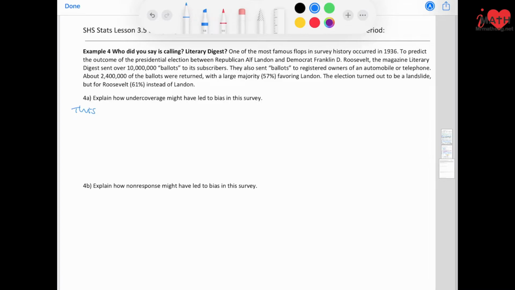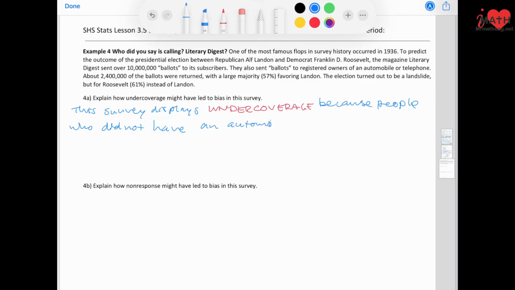So this survey displays undercoverage, because people who did not have an automobile or telephone, your cell phone, car, were not sent a ballot.